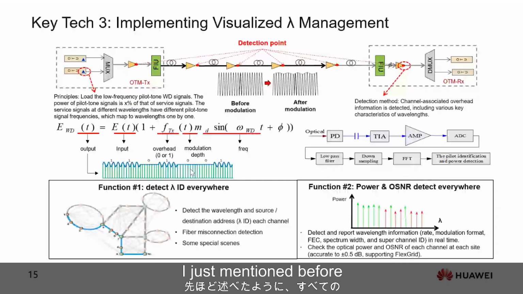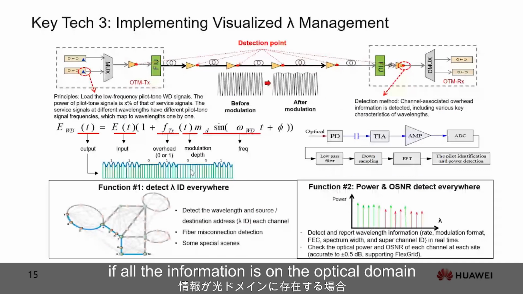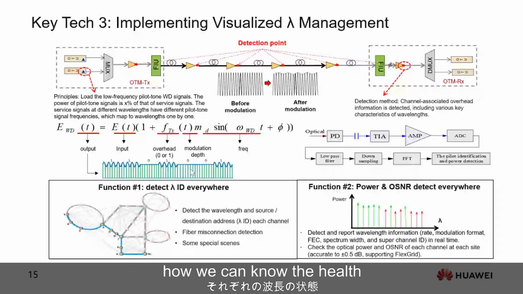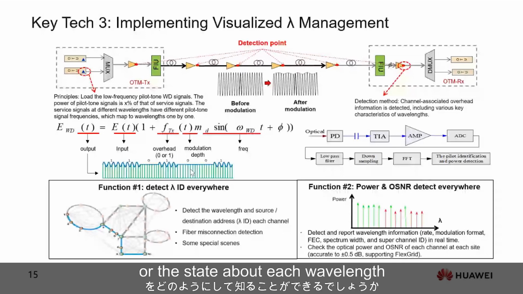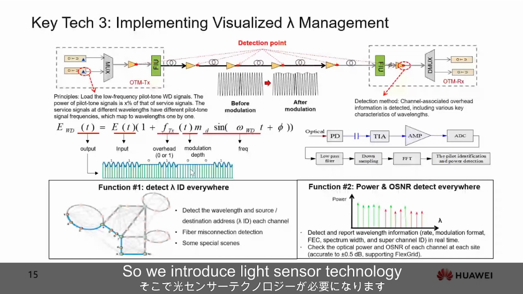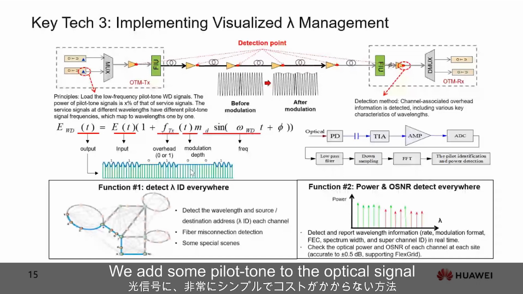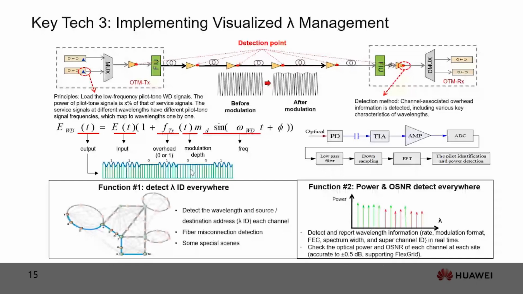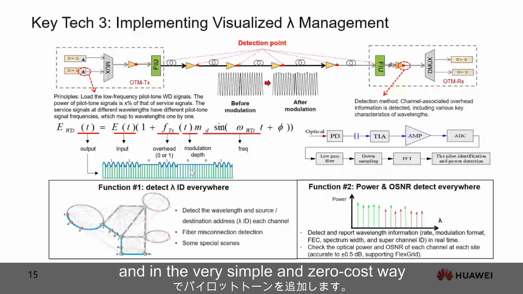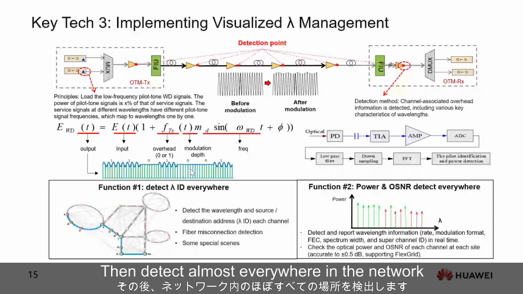And as I mentioned before, if all the information is in the optical domain, how can we know the health or state of each wavelength? So we introduce light sensor technology. We add a pilot tone to the optical signal in a very simple, zero-cost way, and then detect it almost everywhere in the network.